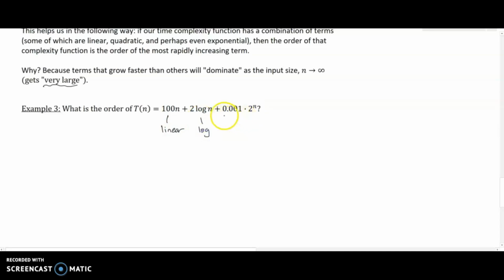And this next term here, this whole thing, this is exponential. And so in the worst case scenario, the order of 100n plus 2 log n plus 0.001 times 2 to the n, the order of this whole thing is 2 to the n.